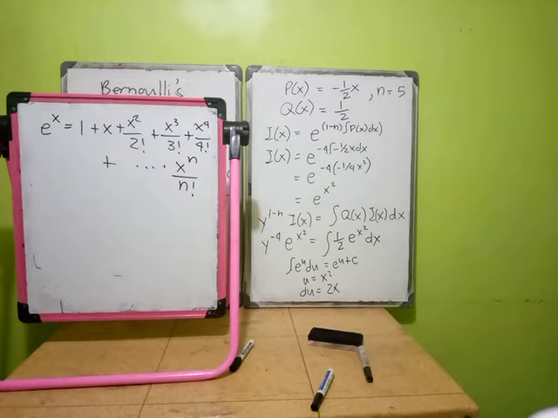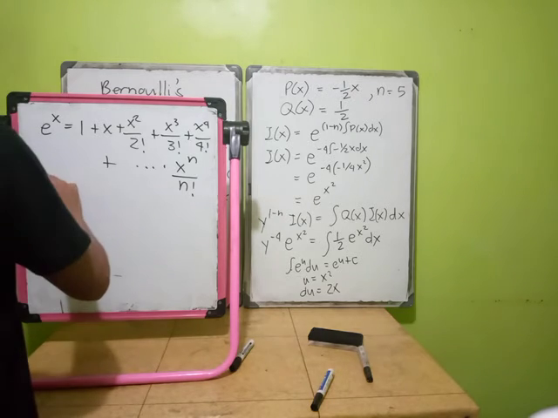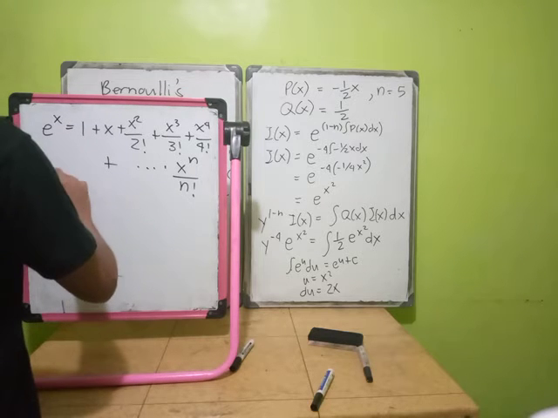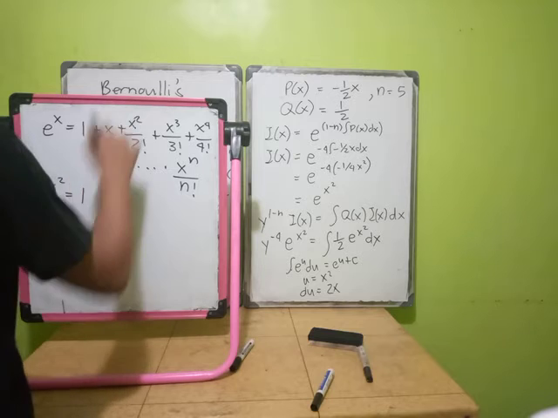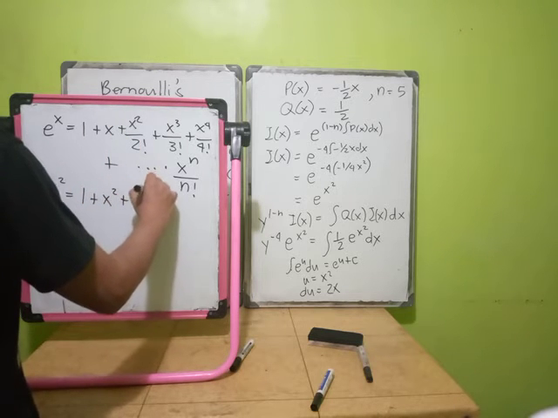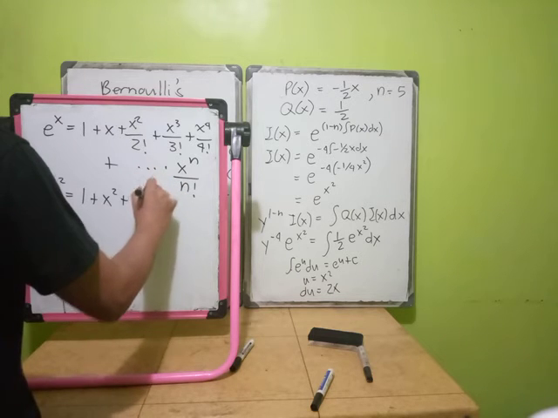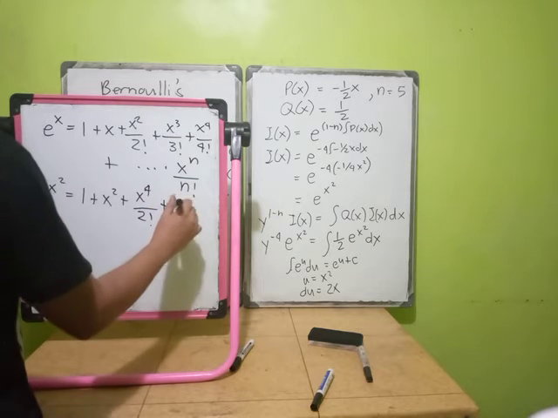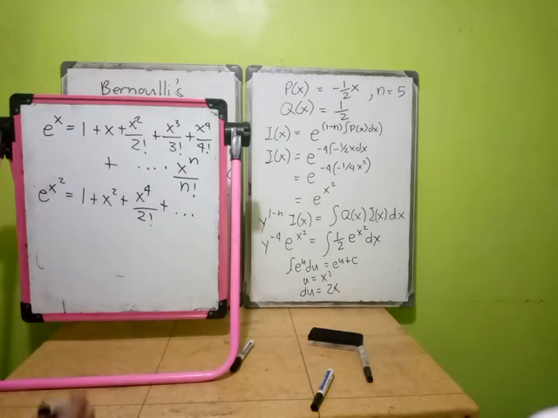So yan yung e to the power of x. So, what is e to the power of x squared? Simple. Magiging 1 plus x squared plus x to the 4 over 2 factorial, and so on. Please remember, magiging ganito si e^(x squared).